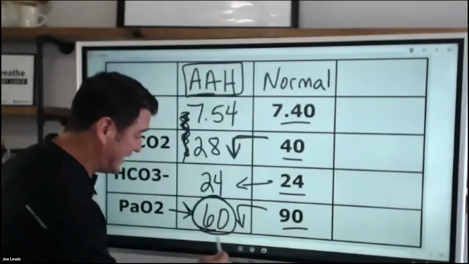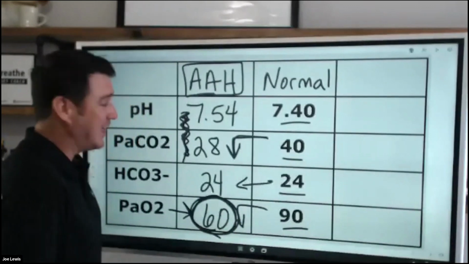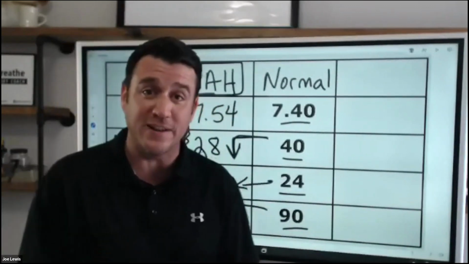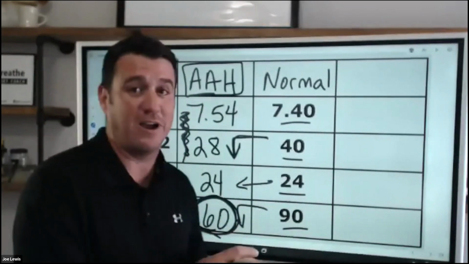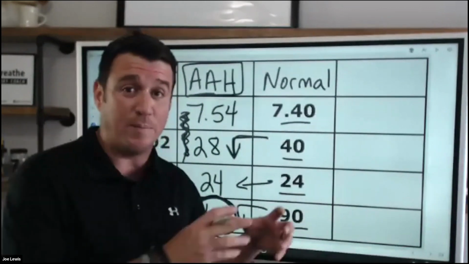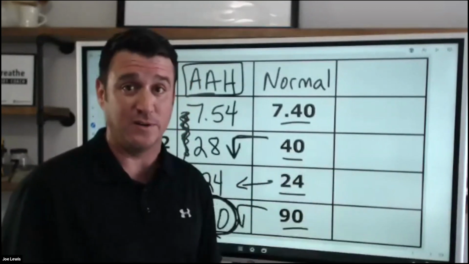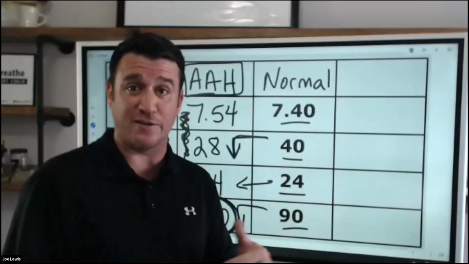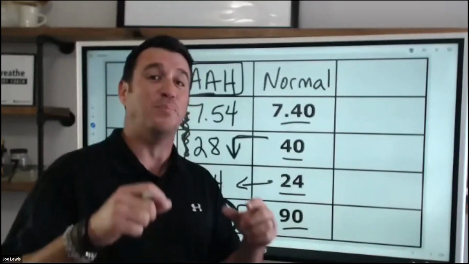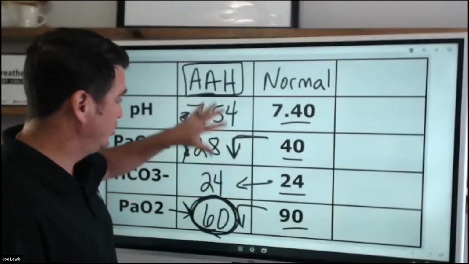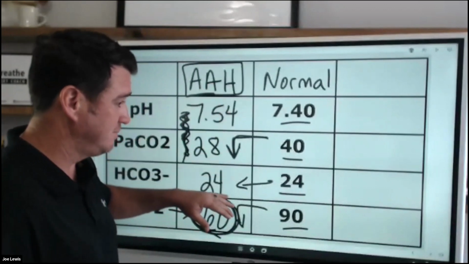If we can fix this, then we'll fix the acute alveolar hyperventilation. They won't have to hyperventilate anymore because they're no longer hypoxemic. Now, it doesn't mean there won't be another problem. Maybe they're still scared. Maybe they're still in pain and need some morphine, or anxious and need some Versed or Ativan or whatever it might be. But from the hypoxemia level, we fixed it, and this should resolve.